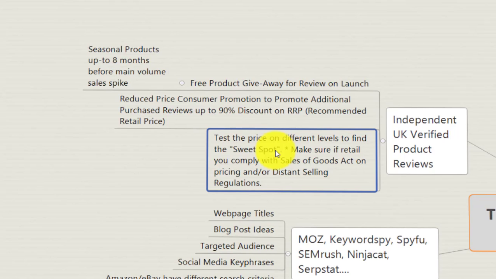Now, in the UK, there are lots and lots of rules and regulations across Europe, but in the UK we have something called the Sale of Goods Act, as well as the good old distance selling regulations. The Sale of Goods Act in the UK means that if you have a price, which is your recommended retail price, it has to be advertised somewhere for a minimum period of time.